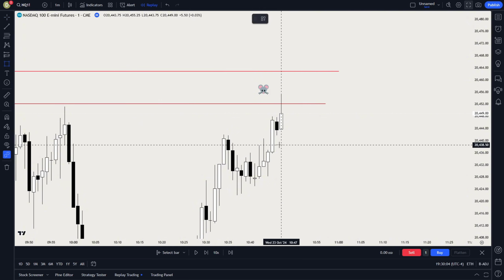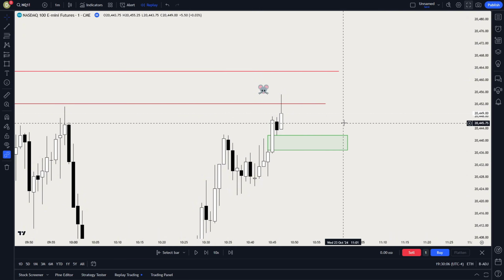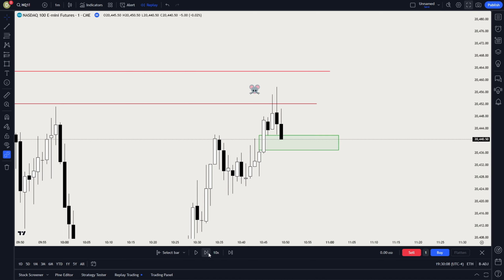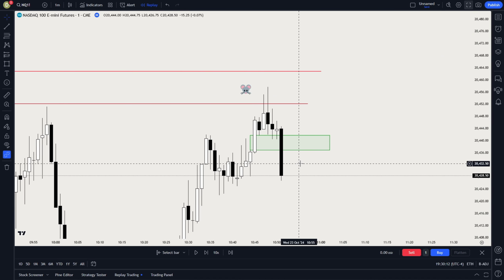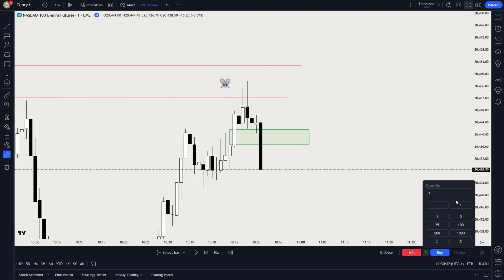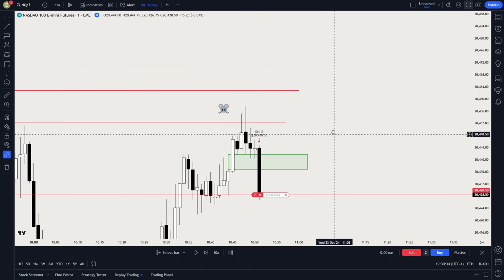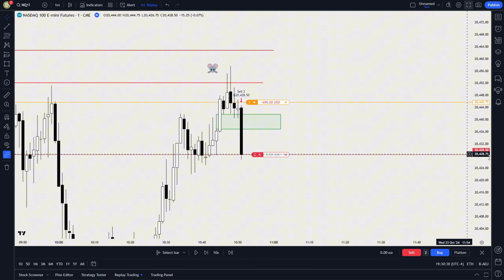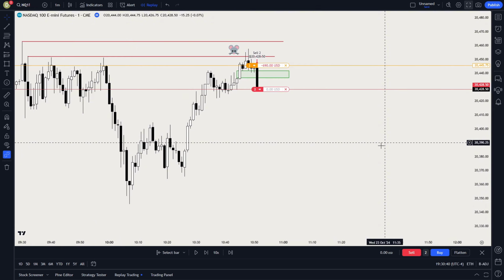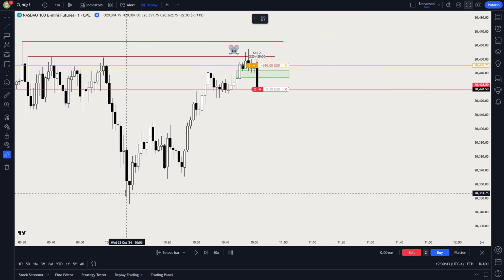Keep in mind we have a 1-minute FVG right here. Okay, we have super strong displacement through that. I'm going to enter 2 sells right here. Then I'm going to put my stop loss up here. And then what I'm going to target is this low right here.